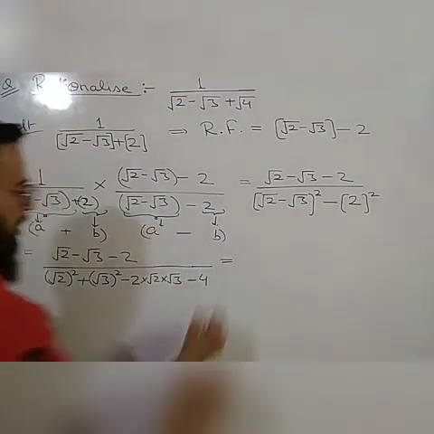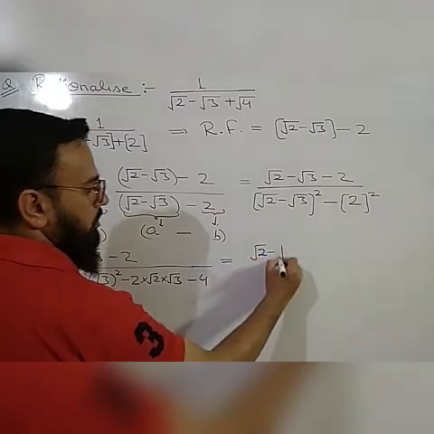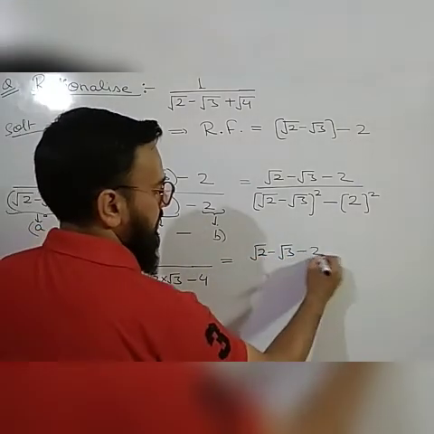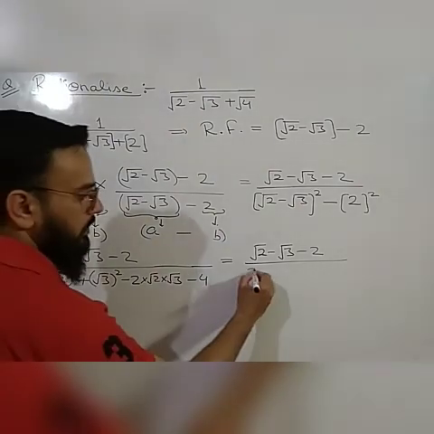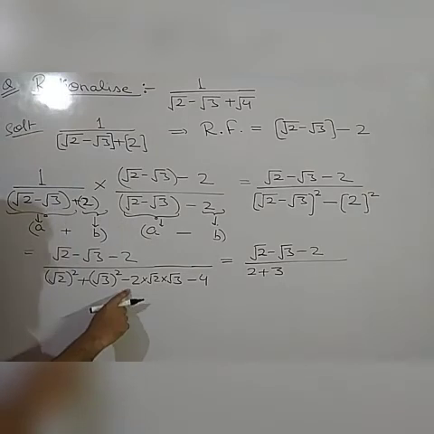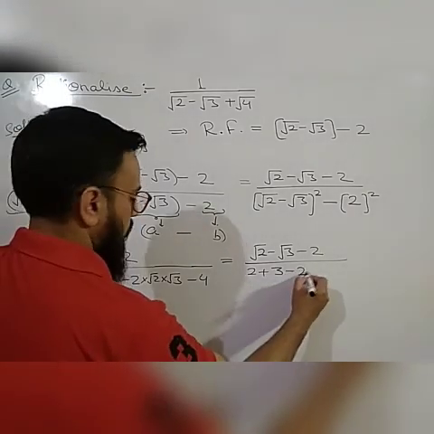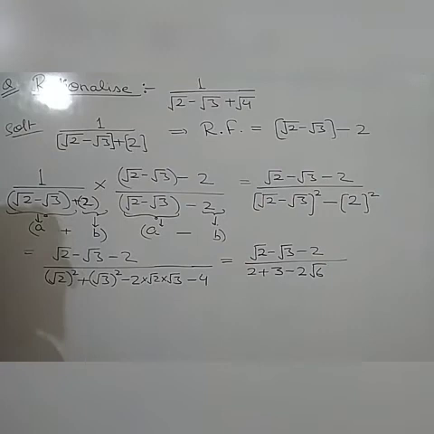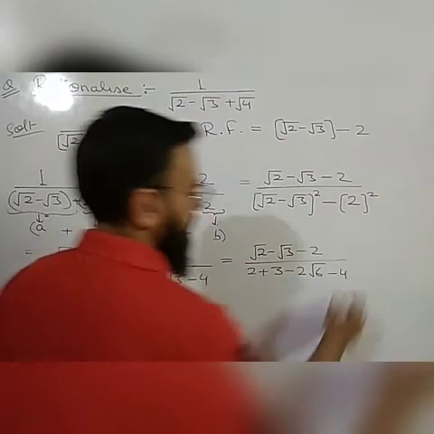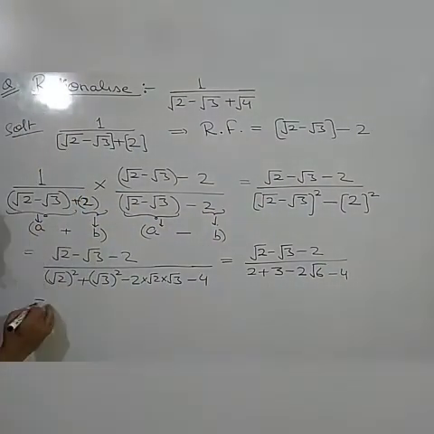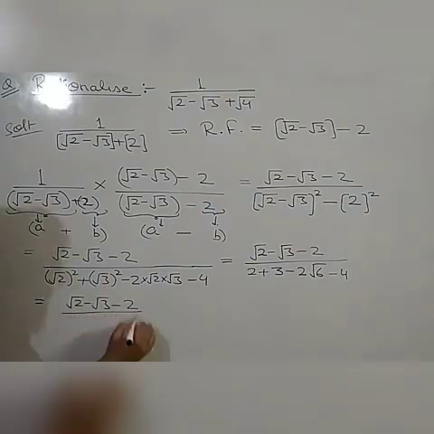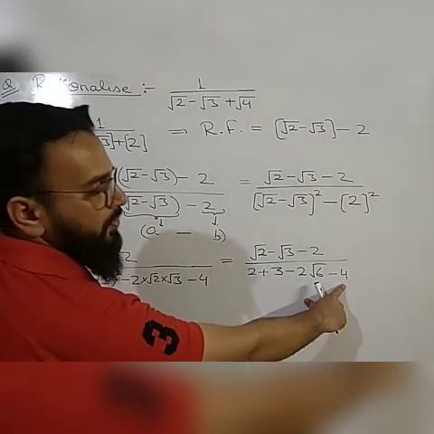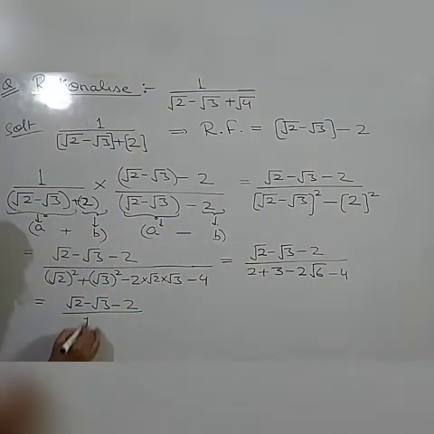Solving further, in the denominator root 2 square is 2, plus root 3 square is 3, and minus 2 root 6, since root 2 into root 3 is root 6, and minus 4. Then 3 plus 2 is 5 and 5 minus 4 is 1. So we get 1 minus 2 root 6 in the denominator.